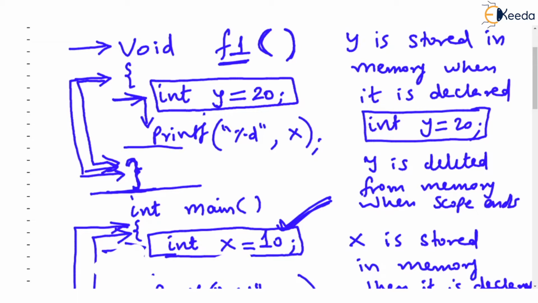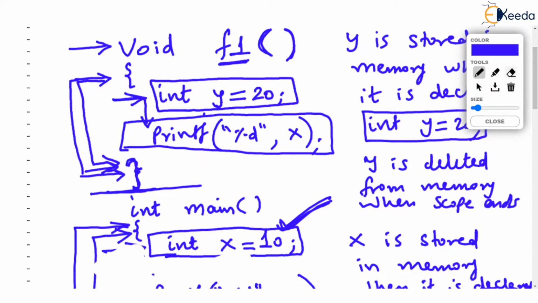But this printf line will give an error and the error will be x is not declared. Because x is declared in the scope of main and it can't be used beyond the scope, we say x is not visible to f1. Simple. Okay. So I hope you have understood what you mean by local variable.